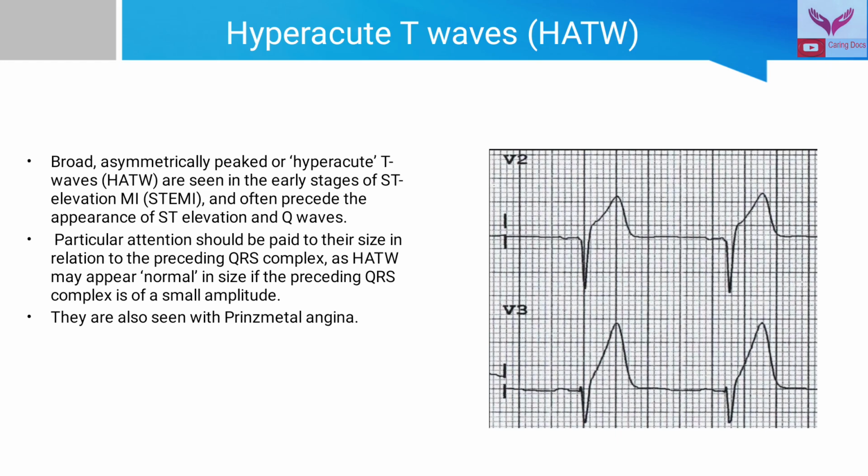Particular attention should be paid to their size in relation to preceding QRS complexes, as hyperacute T wave may appear normal in size if the preceding QRS complexes are of small amplitude. They are also seen in prinzmetal angina.